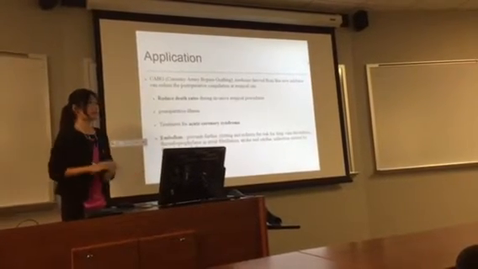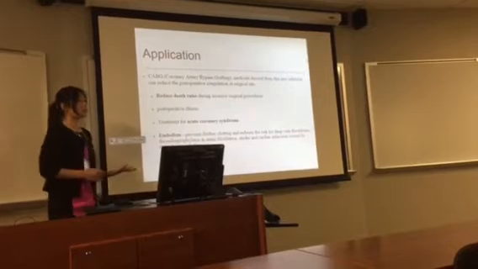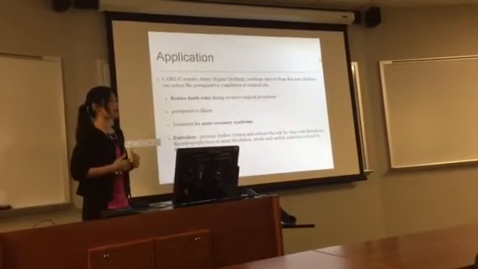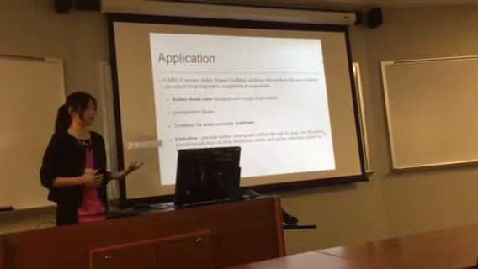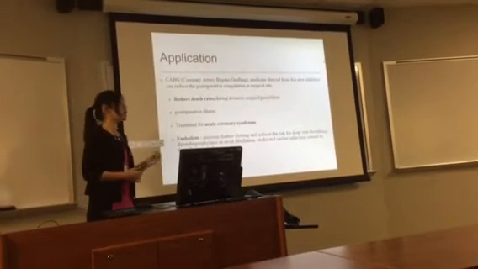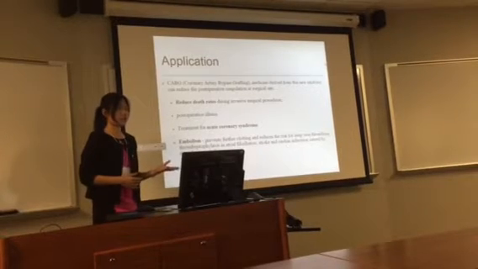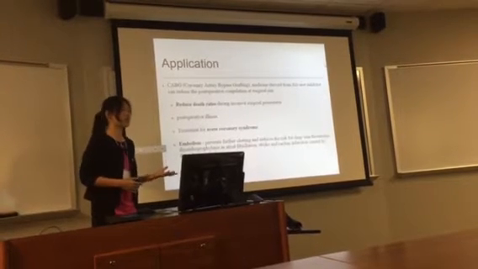So in the case of CABG, medicine derived from this inhibitor can help reduce post-operative coagulation at the surgical site, and it may also have the potential to reduce death rates during the invasive surgical procedure as well as post-operative illness.